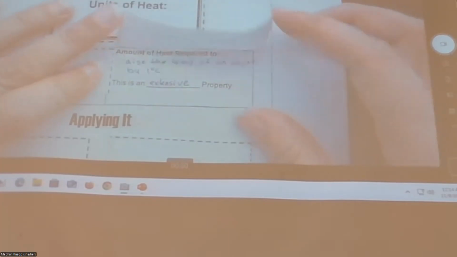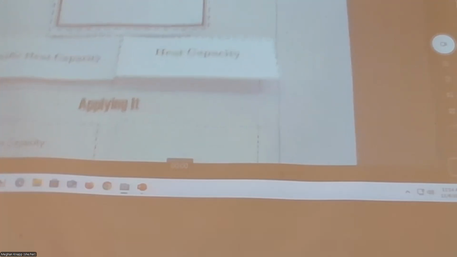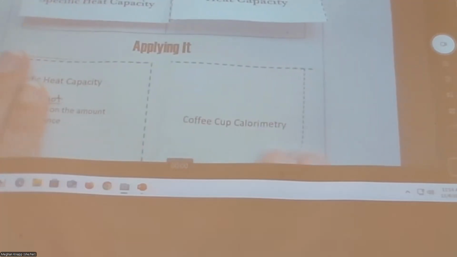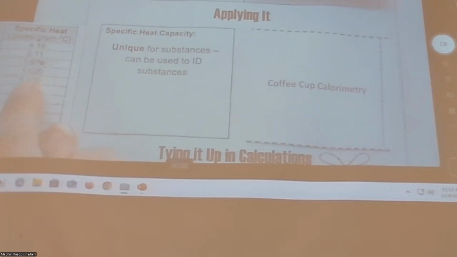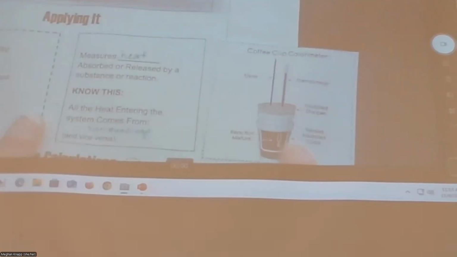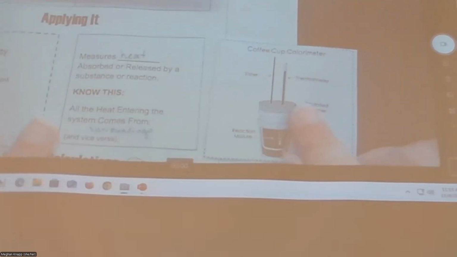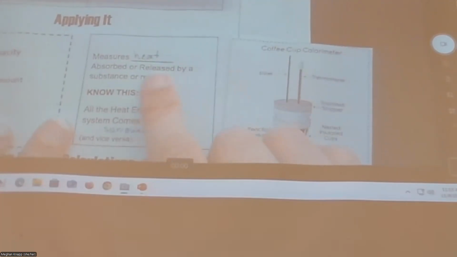Okay, so underneath, we're not going to look at these things a lot right now because we'll get to it in our slideshow. Inside, we will have the specific heat capacities of different substances. We'll look at that in a minute. We're going to talk about coffee cup calorimeters, and this is just a picture of them. But what a calorimeter does is it measures the heat. So this is all about heat.